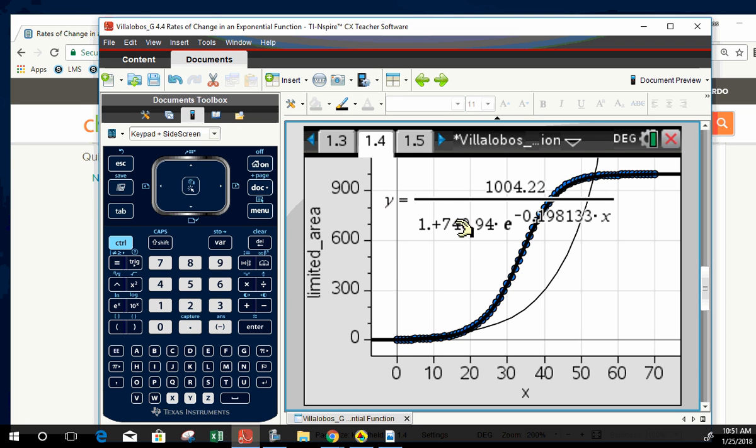And basically it's a number divided by this function. This is e to the negative. So if this were 0, this would be 1, and that'd be 2. 1 plus 1 is 2. That is, I believe, the number you started with. And so 1,000 divided by 2 is 500.